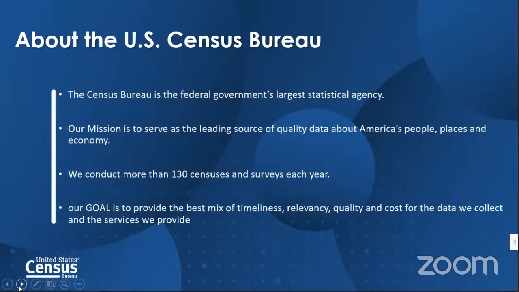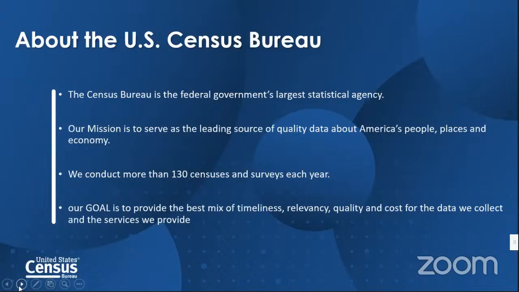So to begin with, we'll start with a little bit of information on who we are, what we do, especially the other 9 years when we are not counting everyone in the nation, and why we do what we do. And who are we? Of course, we are the Census Bureau, part of the Commerce Department, and the largest of 17 primary federal government statistical agencies.